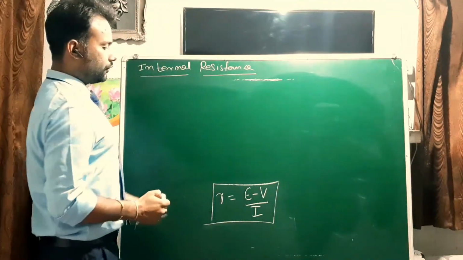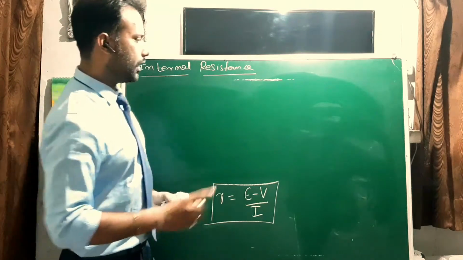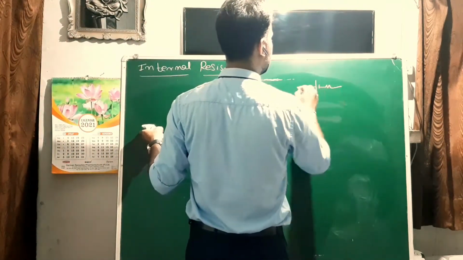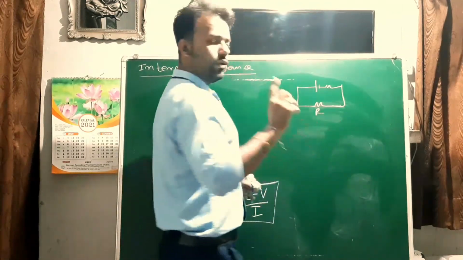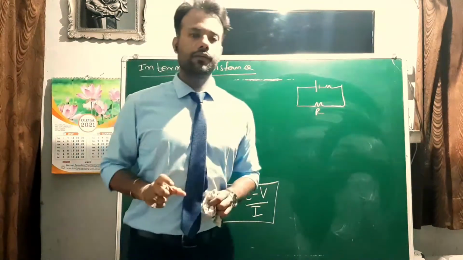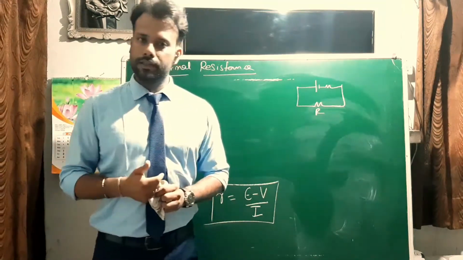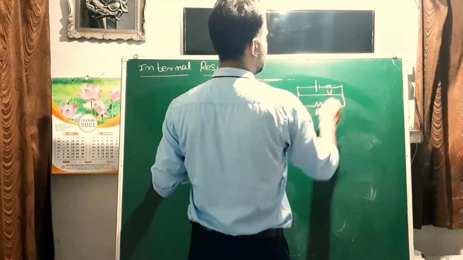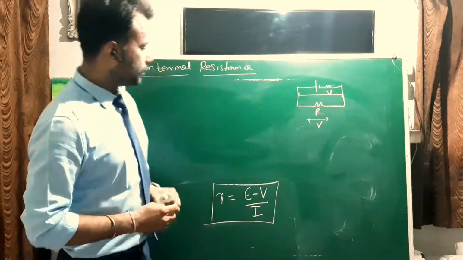Okay. So from this expression, r equals to (E minus V) upon I. In the circuit, we have an external resistance R. So you know that the potential difference across two parallel components will be the same. So if the potential across the cell is V, obviously the potential across R will also be V, right?